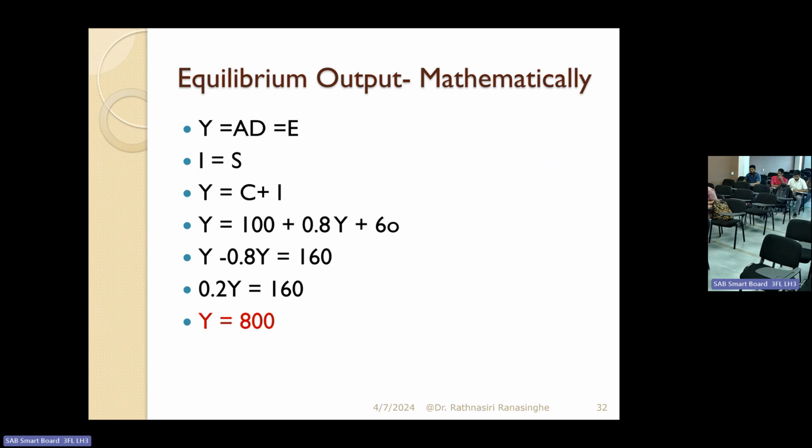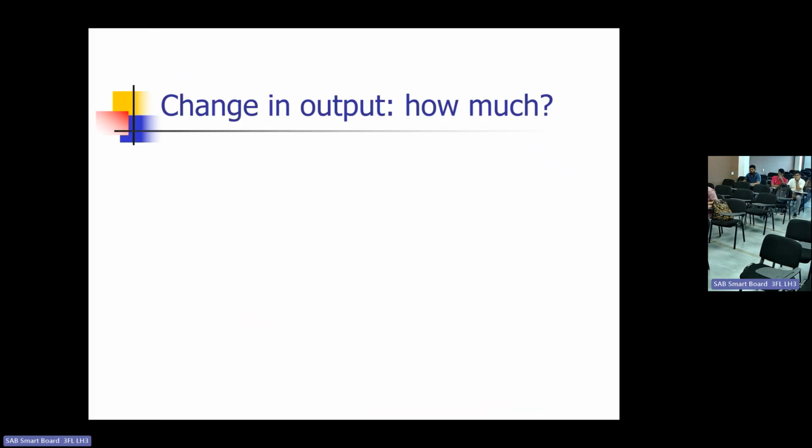And we know there is a multiplier. Using that, we can see the speed of change in income due to the change in investment. That is mainly explained by the autonomous expenditure multiplier. Now we are going to discuss that, and then we can elaborate to the others.